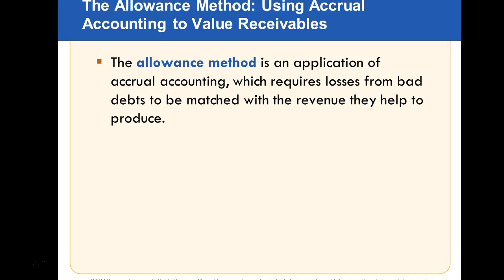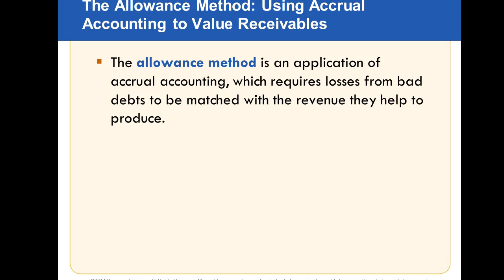So as we start talking about the allowance method, this process that we're going to talk about requires losses from bad debts to be matched with the revenue they help produce. If you think about it, the whole accrual method is set up so we match our revenues with our expenses in the period in which we earned them. If you take it a little step further, the allowance method is really trying to determine, out of these earnings that we've made in this period, how much of these earnings are going to be bad, because we don't want to overstate our income.